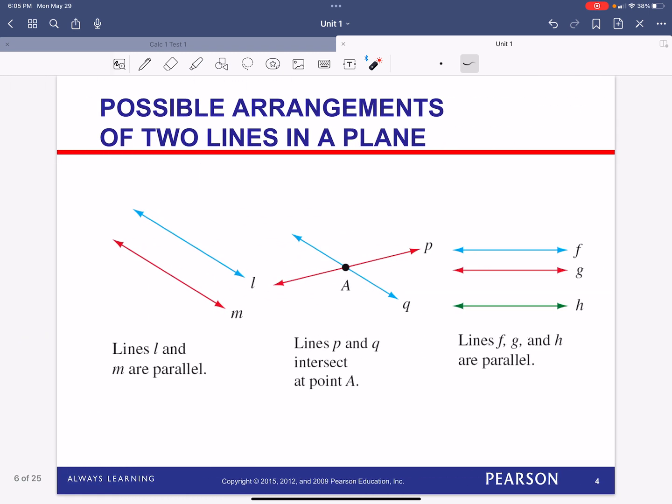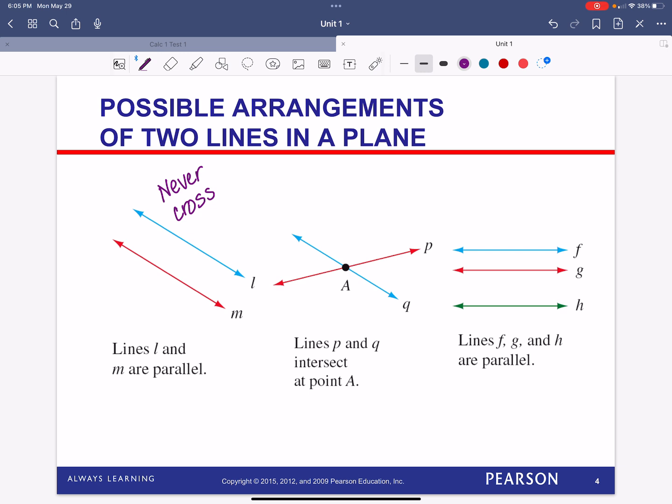Now, when we've got a plane, we can have lines that are parallel and lines that intersect. So here we've got lines L and M, and these 2 lines are parallel, and parallel lines never cross. They are parallel.